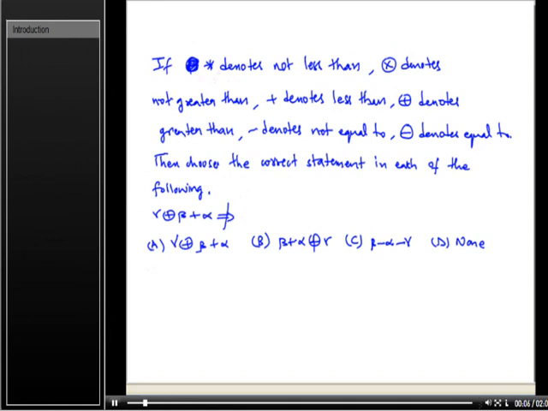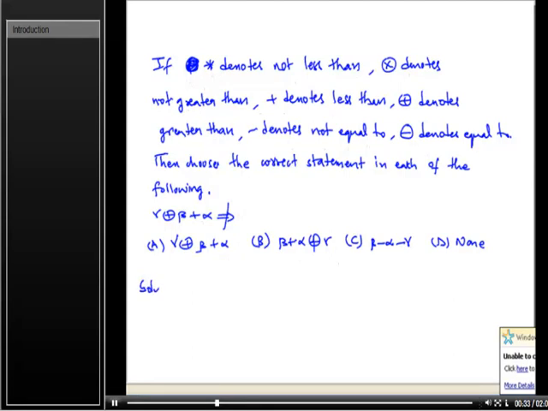In this question, we have to answer this statement by following some instructions. Star denotes not less than, binary operation into denotes not greater than, plus denotes less than, binary operation plus denotes greater than, minus denotes not equal to, binary operation minus denotes equal to. Then the given statement does not imply which of the given choices.